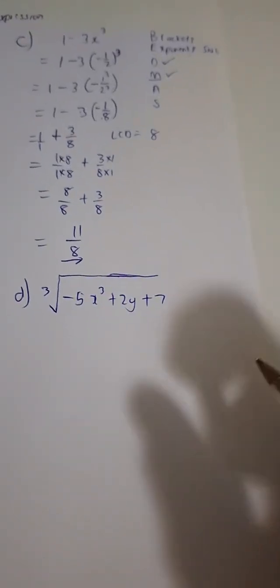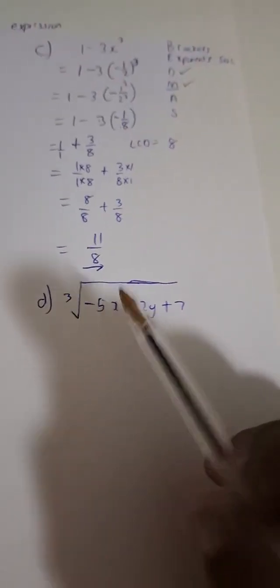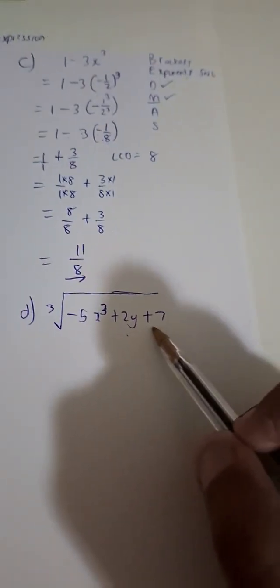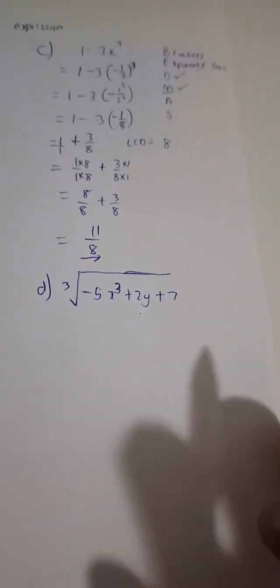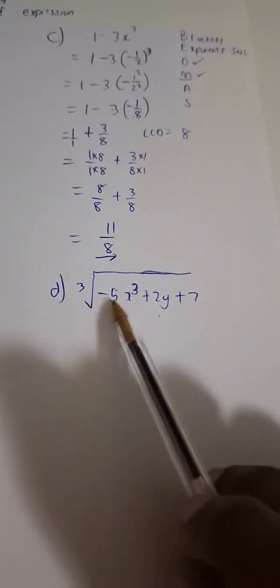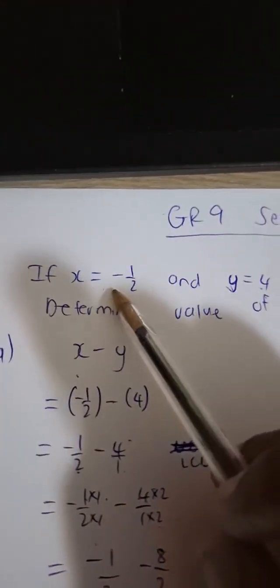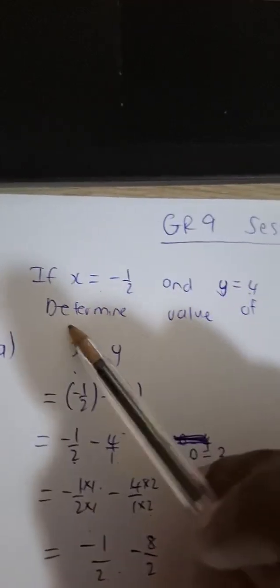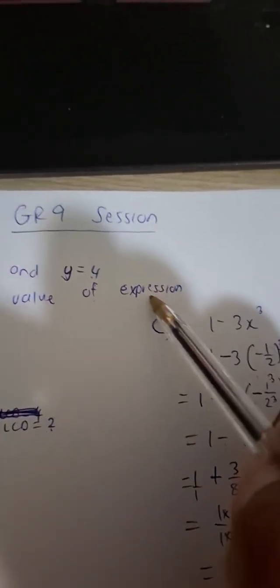So the cube root of that, for our grade 9 learners, the cube root of negative 5x cubed plus 2y plus 7. So remember, we said where if x is equal to negative half and y is equal to 4, determine the value of the expression.